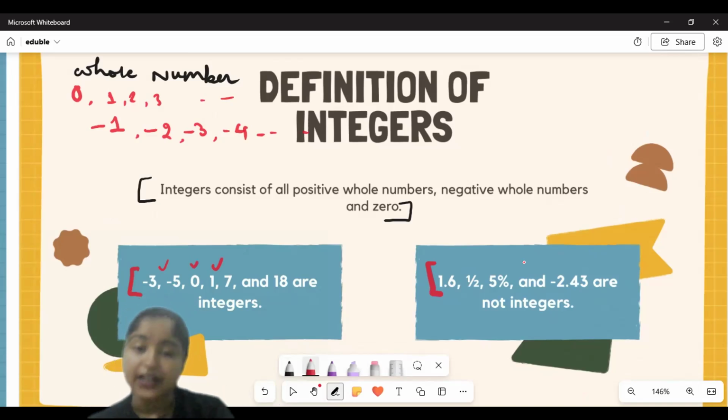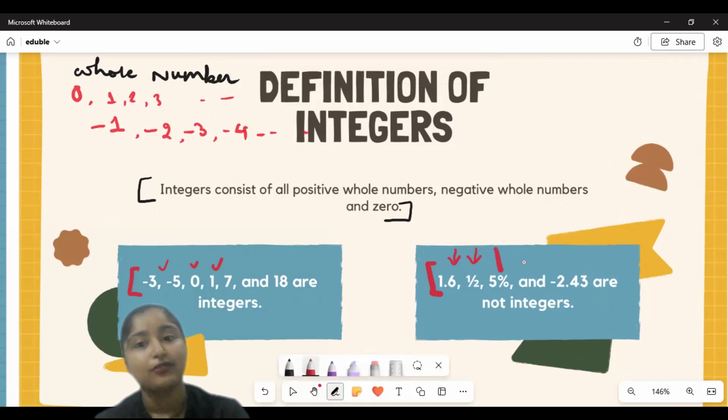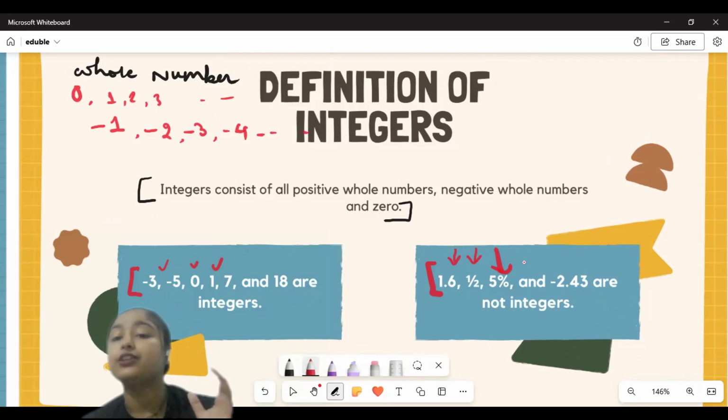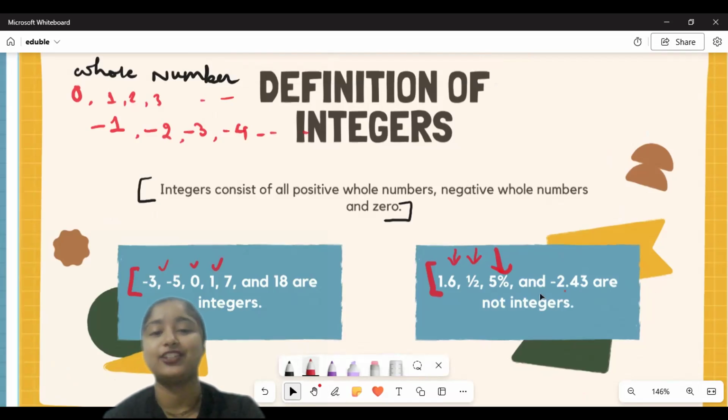They are different kinds of numbers. 1.6 is a decimal number. 1 over 2 is a fraction. 5% is the concept of percentage, which is a special type of fraction only. And -2.3%, though there is a minus sign with 2, you can see that there is a decimal as well, and that is why it does not stand up to the mark of integers.